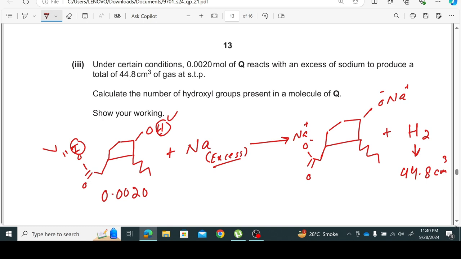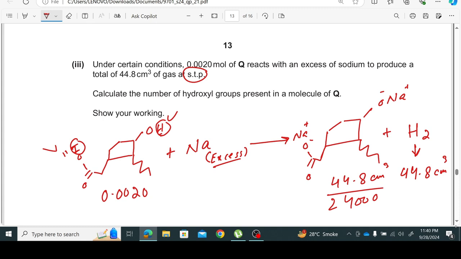First find the number of moles of gas. If conditions are STP, standard temperature and pressure, how do you get the moles? You take 44.8, because it is in cm³, and divide it by 24,000.